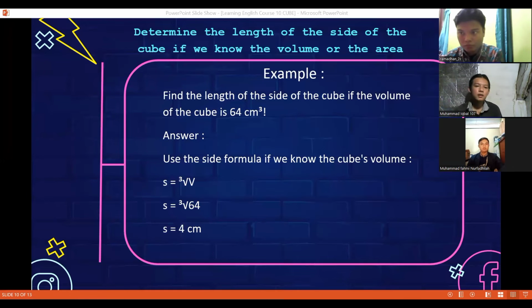So we're going to answer this question using the formula that we found before. s is equal to the cube root of volume. So we substitute the volume with 64. Now s is equal to the cube root of 64, which is 4 centimeters.